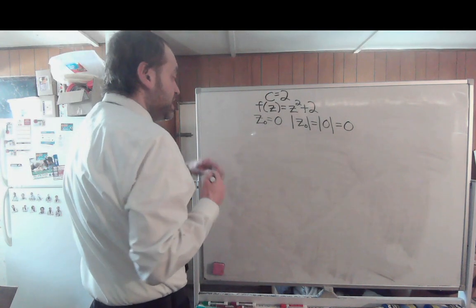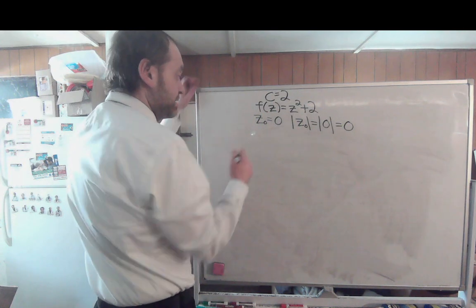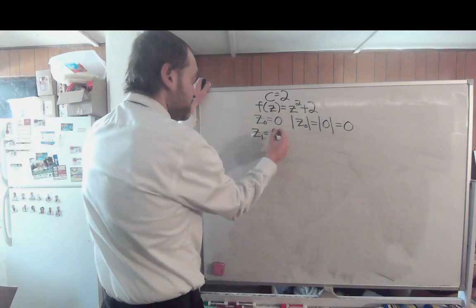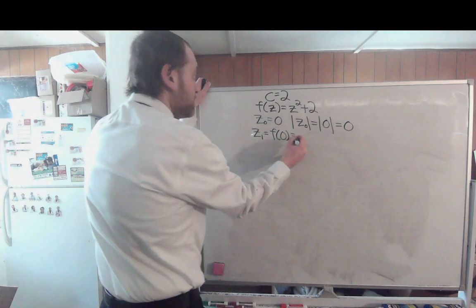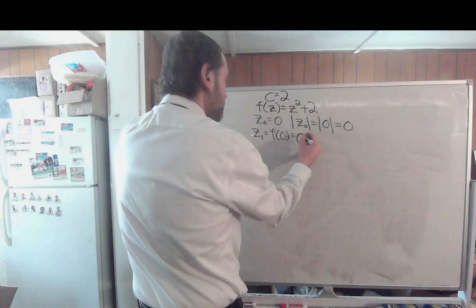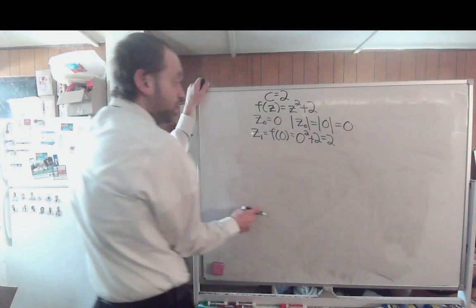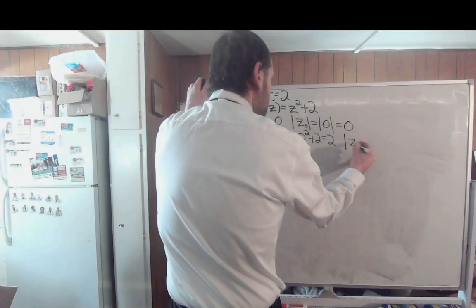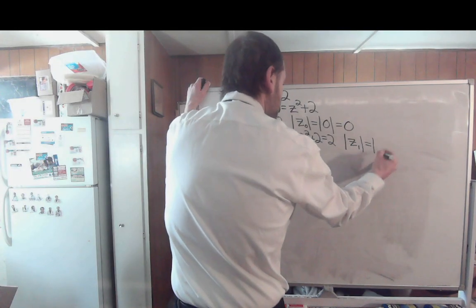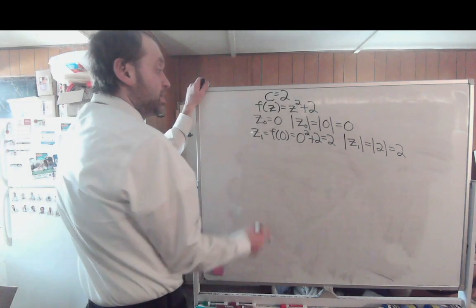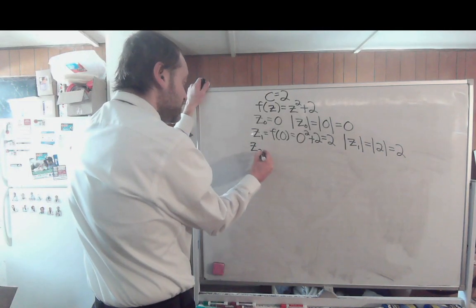Now, to find z sub 1, that's simply f of z sub 0, which would be f of 0. So that's going to be equal to 0 squared plus 2, which would just give you 2. So the absolute value of z sub 1 equals the absolute value of 2, which would just give you 2. Now let's find z sub 2.